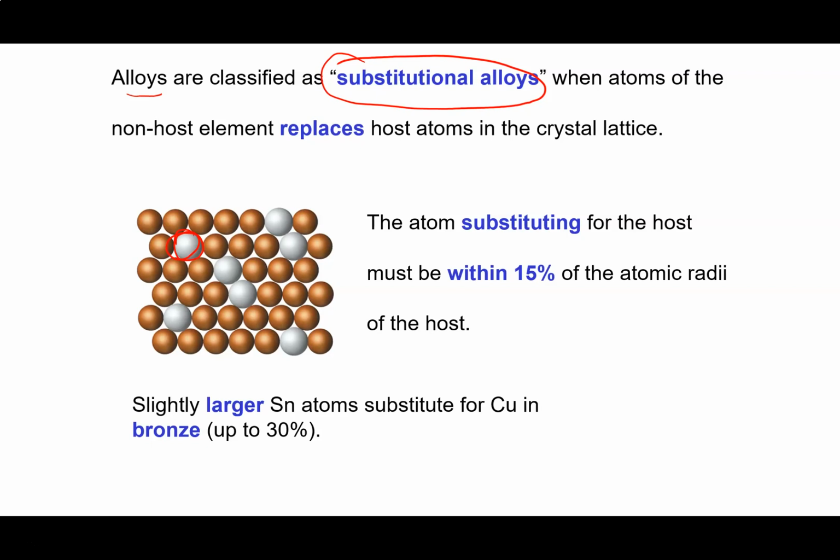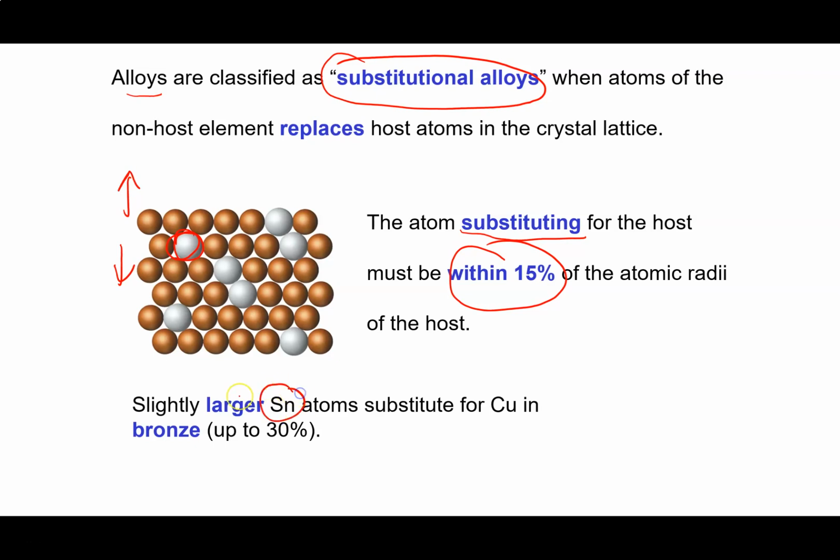There is a rule for when it is possible to do this: the atom substituting for the host in the crystal has to be within about 15% of the radii of the host, or otherwise it is going to cause these layers to separate from one another, and that's just not going to be energetically favorable. So it has to be of similar size to the host.